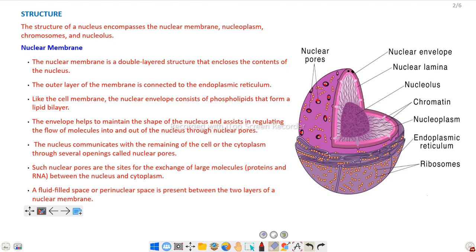Basically, the molecules are proteins and RNA. A fluid-filled sac or perinuclear space is present between the layers of the nuclear membrane. There is a perinuclear space in between.